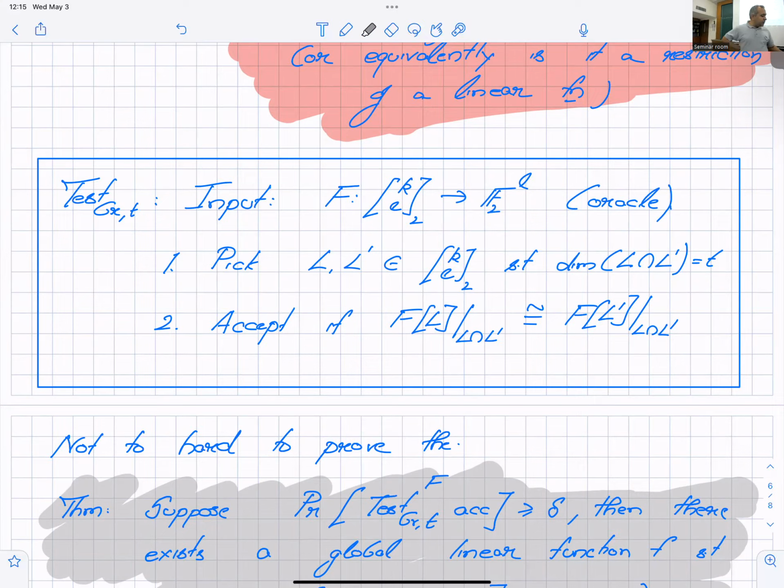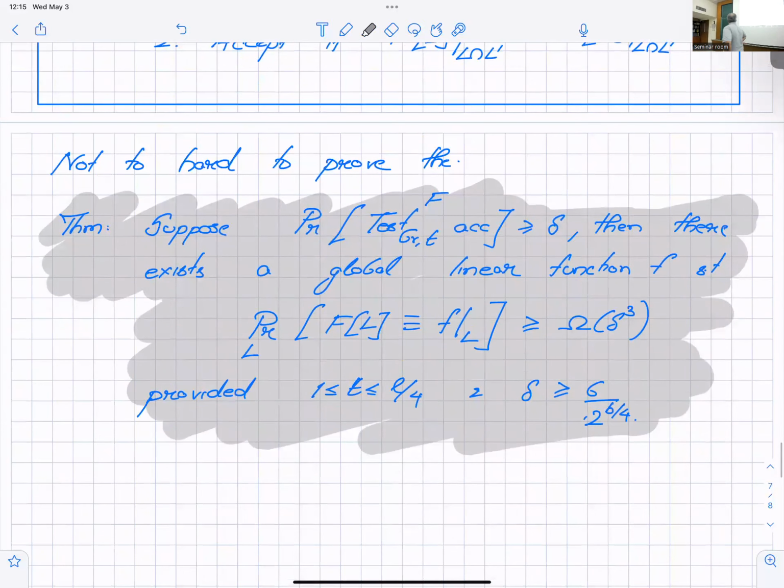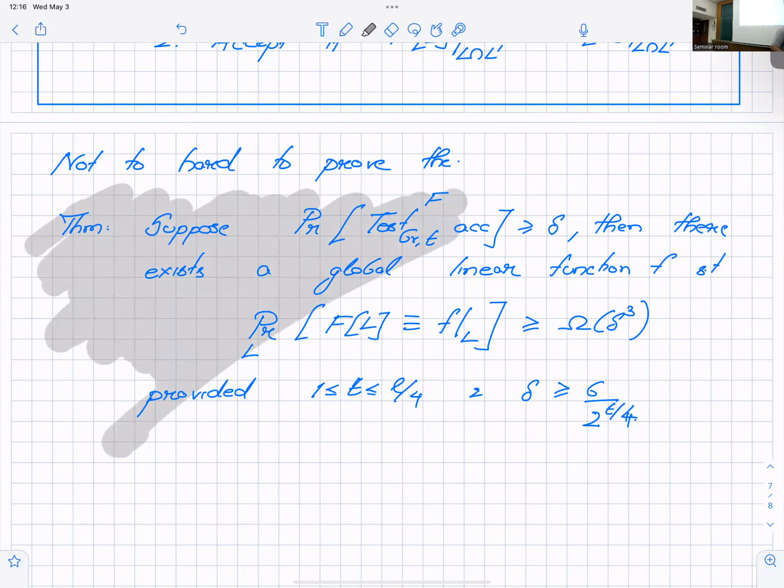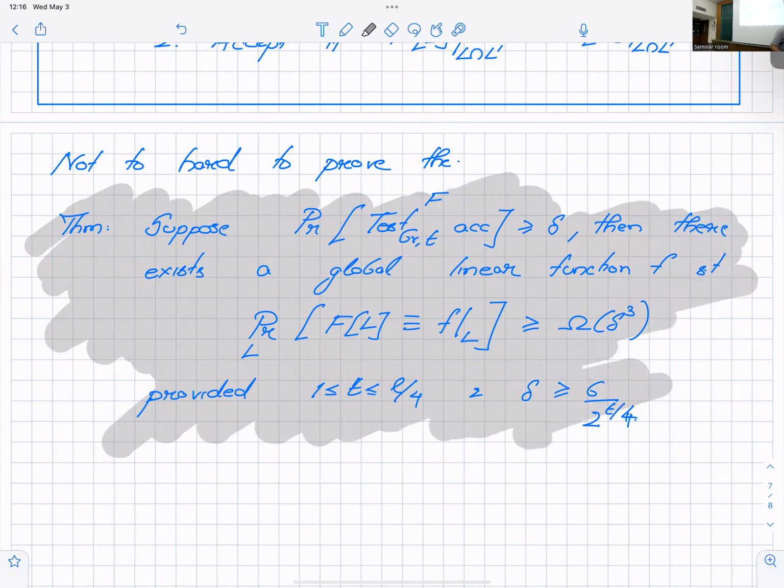Now let's look at the statement of the theorem. Sorry, delta there is 6 over 2 to the T over 4. The T less than L by 4 constraint is considered.